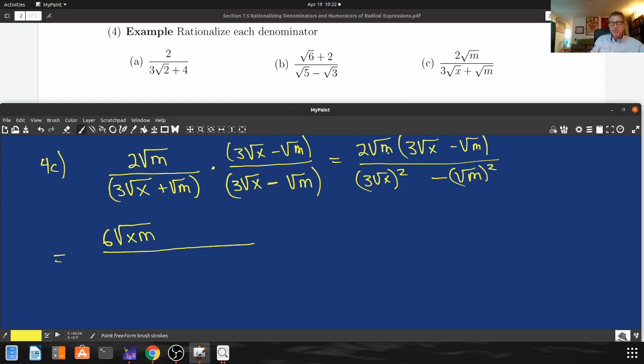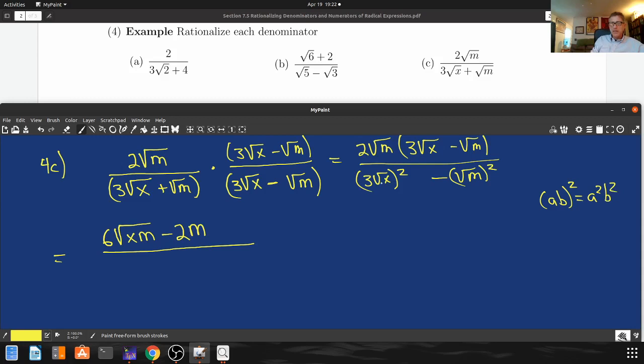2 times the square root of m times minus the square root of m is 2 times minus 1, which is minus 2, times the square root of m times the square root of m, which is the square root of m squared, which is m. Be careful here. This is one of the most common problems. You have to use the fact that a times b squared is equal to a squared times b squared.